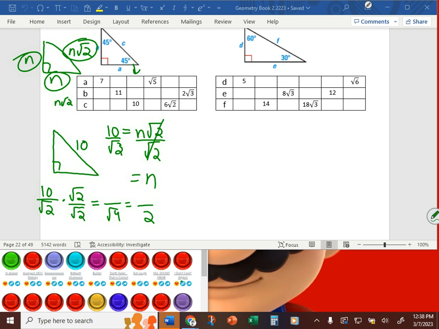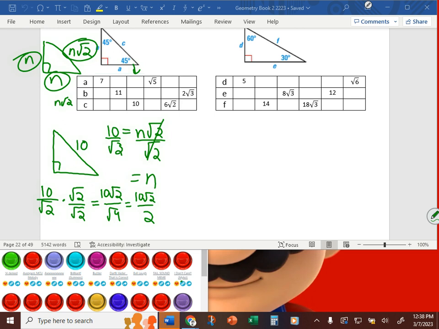We multiplied by root 2 over itself, because this equals 1, so it doesn't change the value of the fraction. What it does is it eliminates the square root from the denominator. And then in our numerator, 10 times root 2, we can't write that as a root 20, because one's under a root, the other one isn't. So we just leave it as 10 root 2 over root 4, or 10 root 2 over 2.